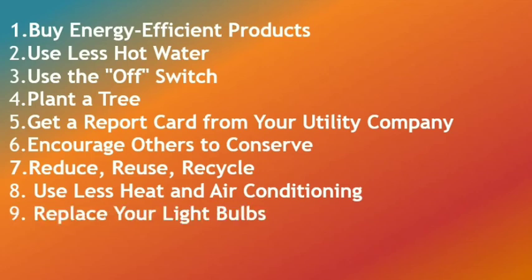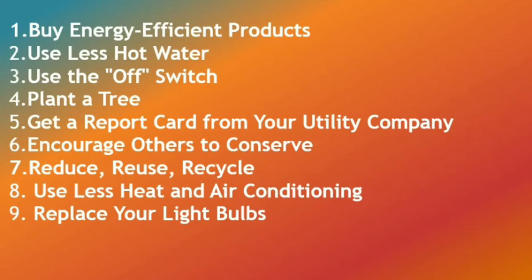Turn down the heat while you are sleeping at night or away during the day and keep the temperature moderate at all times. Install a programmable thermostat because setting it just 2 degrees lower in winter and higher in summer could save about 2000 pounds of carbon dioxide each year.